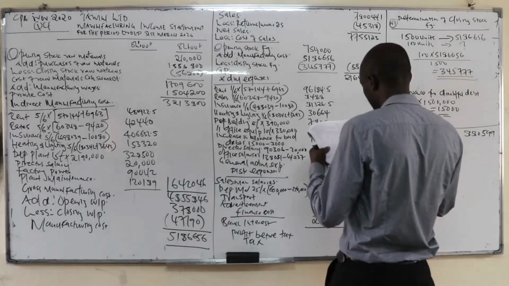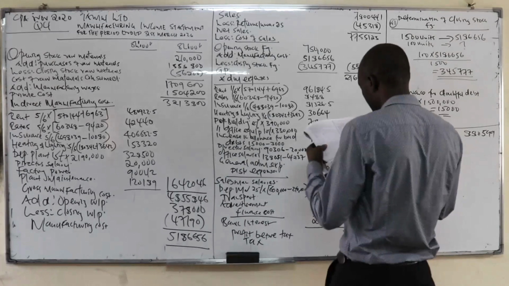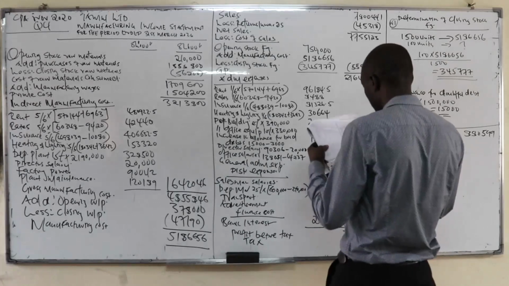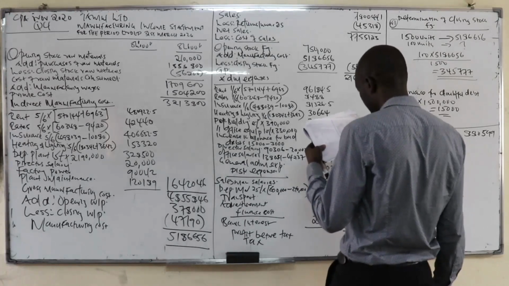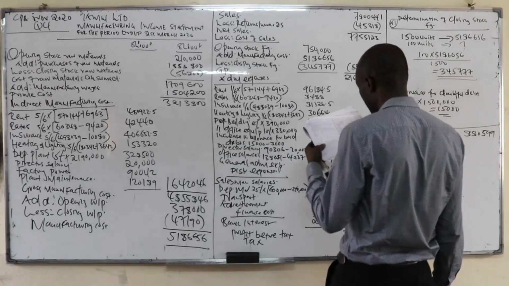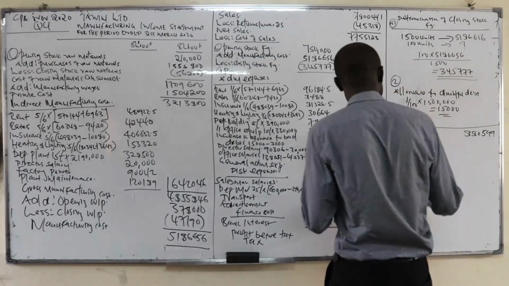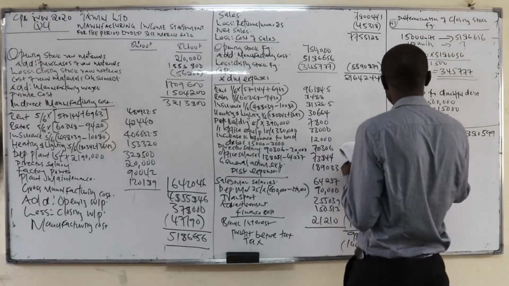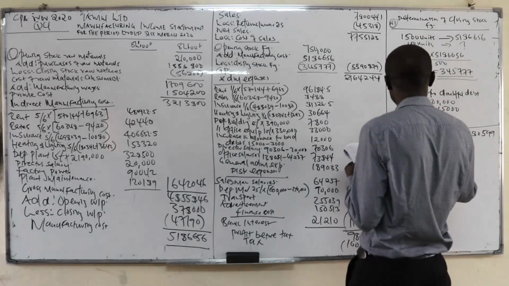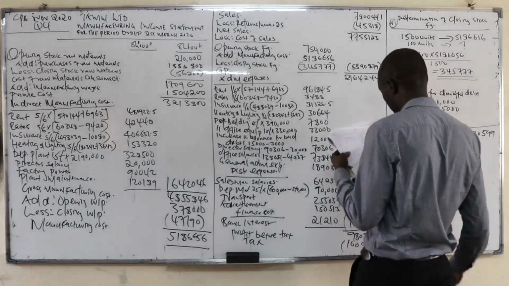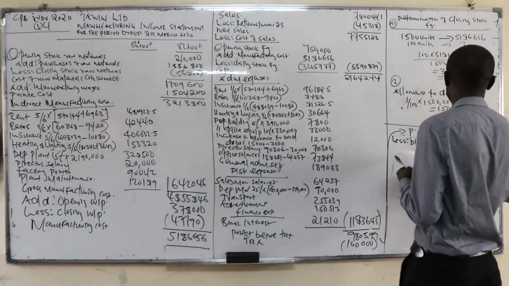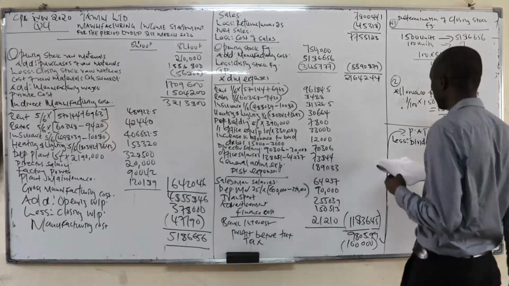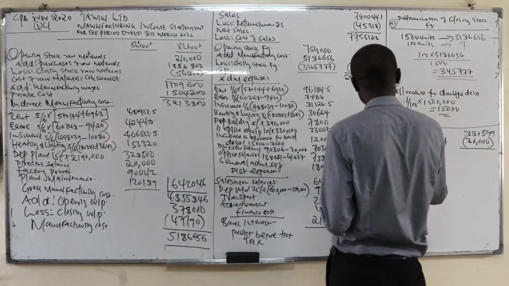Where is the dividend? Interim dividend, isn't it? So we less dividend paid, which is how much? 30,000. We don't have proposed dividend. Then you get the retained profit balance carried down.